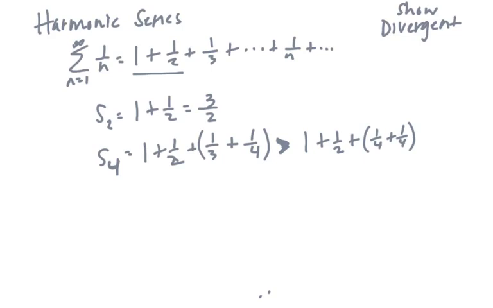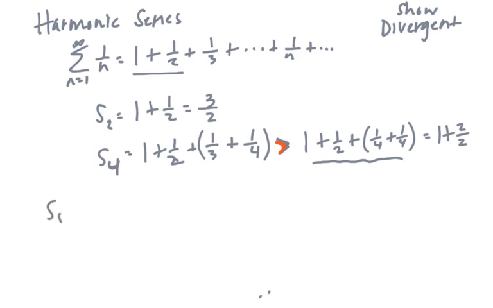Notice that this 1/3 right here is bigger than 1/4, so that is a true statement because this is a greater than. And then over here, this equals 1 half plus 1 half plus 1 is a total of 2. We write it as 1 plus 2 over 2.